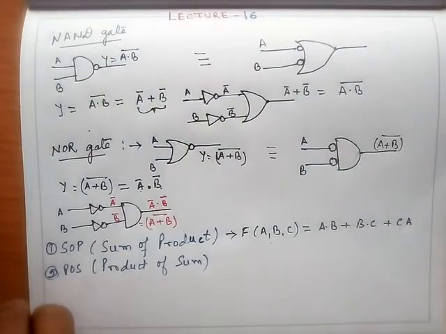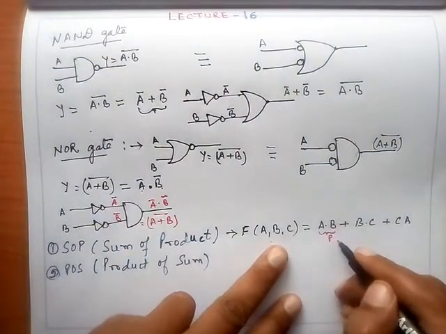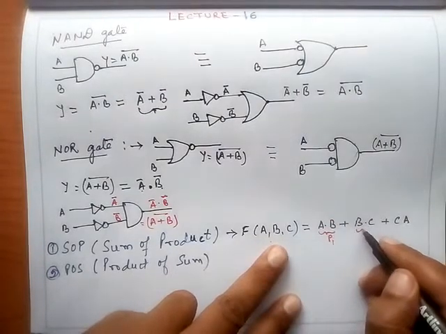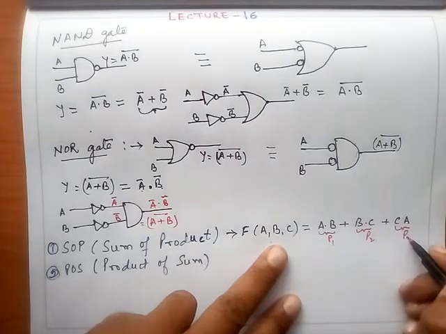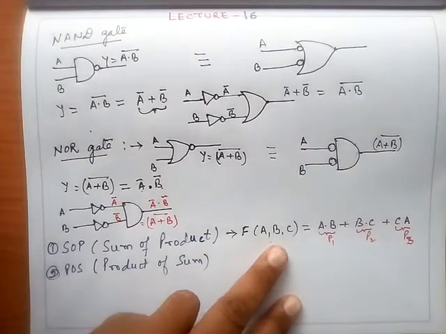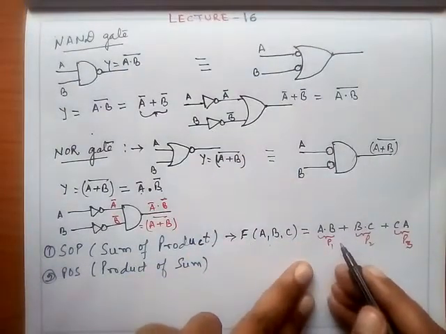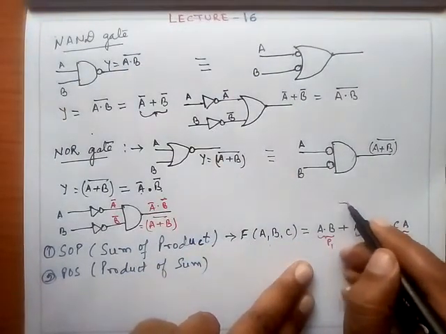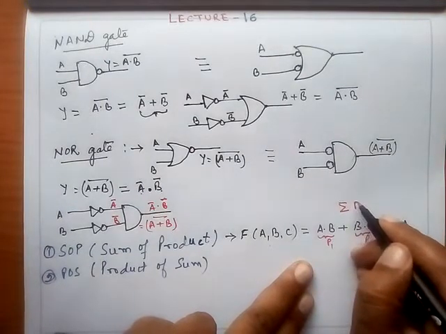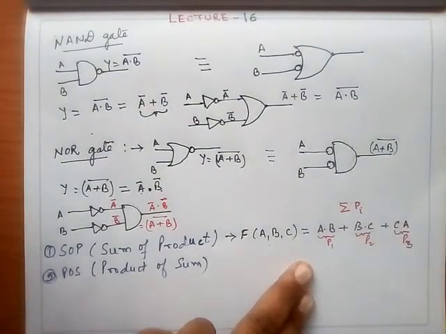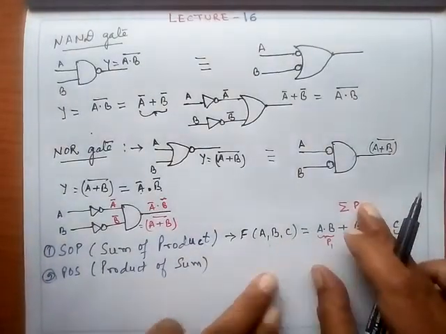Means you have a product here, suppose I say this is product P1, this is another product P2, and this is another product P3. So it is a sum of certain products, sum of Pi. This is called sum of product.